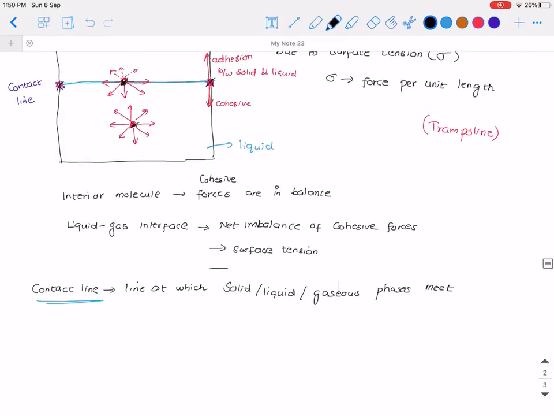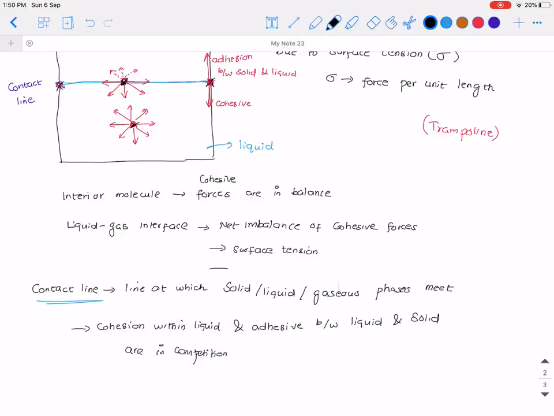Okay, so at the contact line, the cohesion within liquid and the adhesive forces between liquid and solid are in competition.